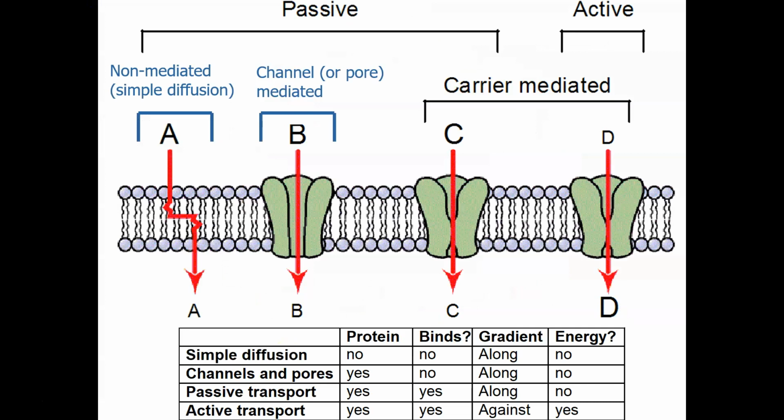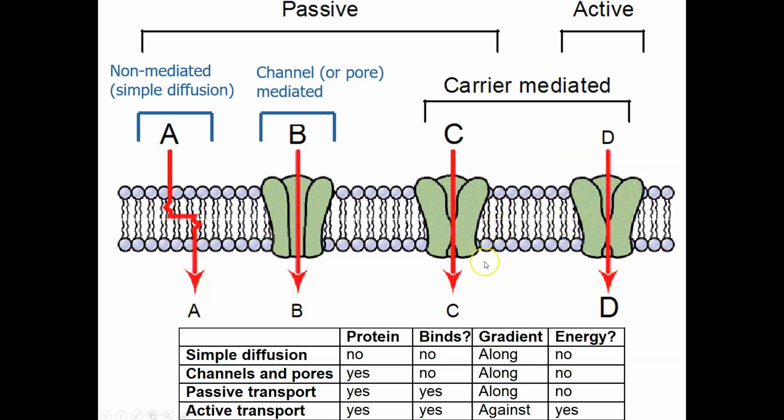So, in conclusion, we have talked about all these different kinds of transport. Non-mediated transport just involves a nonpolar substance going right across the membrane because it is able to interact favorably with the fatty acyl chains of the phospholipids that compose the membrane. Channel or pore mediated involves small molecules and ions that generally don't interact with their transporters.